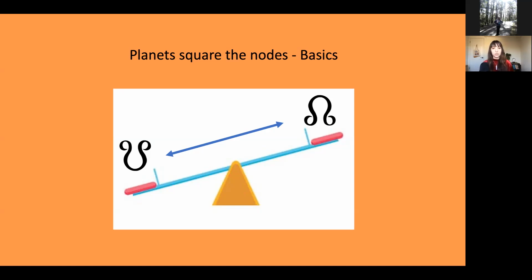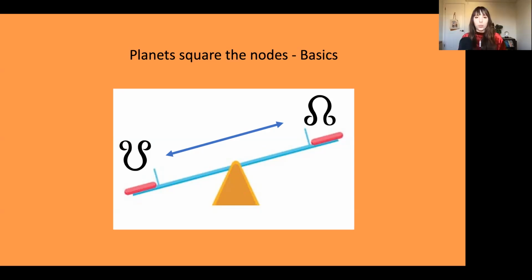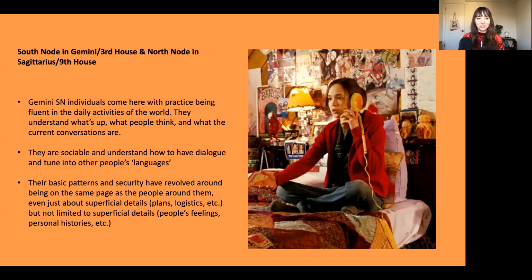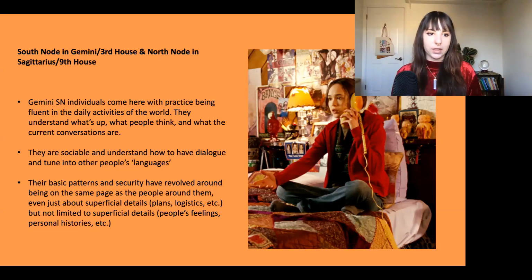And you can see the nodes as personality structures and personality traits and even life circumstances. So I'm going to get into the south node in Gemini in the third house and north node in Sagittarius or the ninth house. For the duration of this talk, I'm just going to say Gemini south node, and what I really mean is Gemini south node and south node in the third house, and same for Sagittarius in the ninth house.